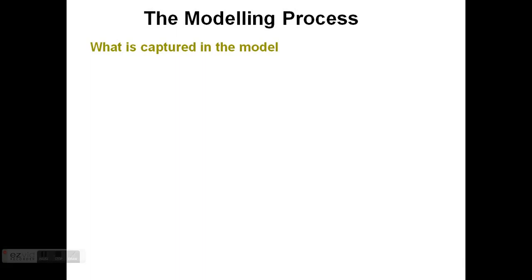Now that you know all of these and you ticked all these boxes, we talk about what to capture for the model. So, okay, now you want to start the model. What is the information you need to capture in order to start modeling? Select a design viewpoint that matches your objective.